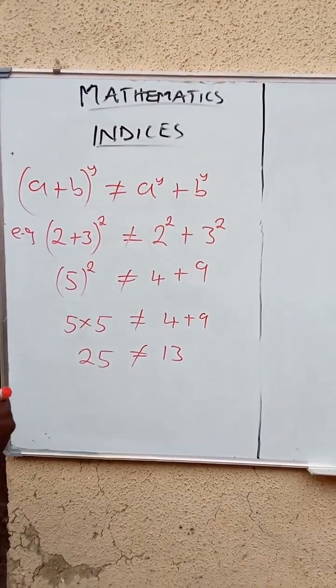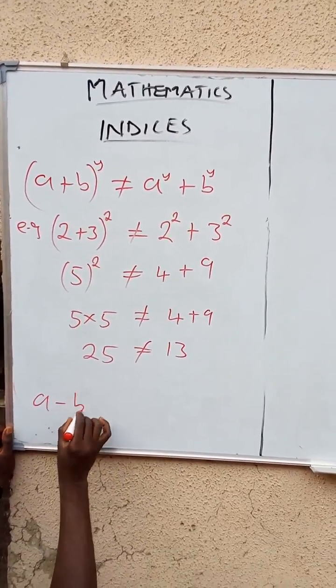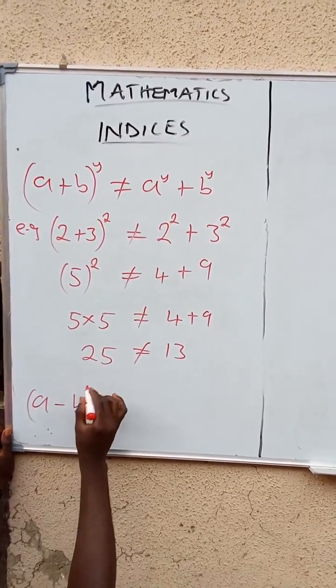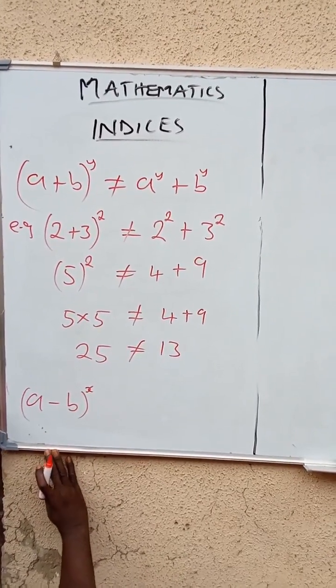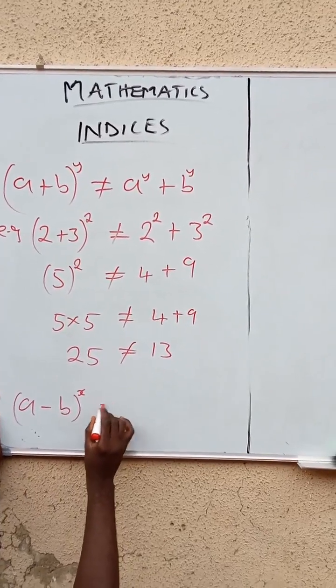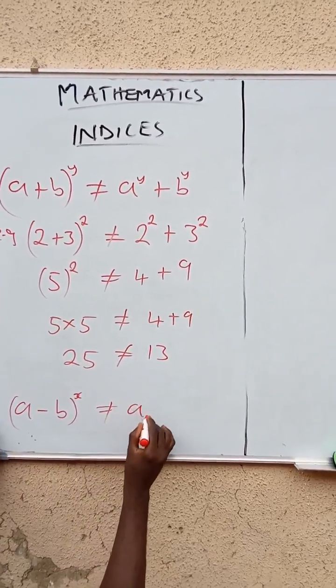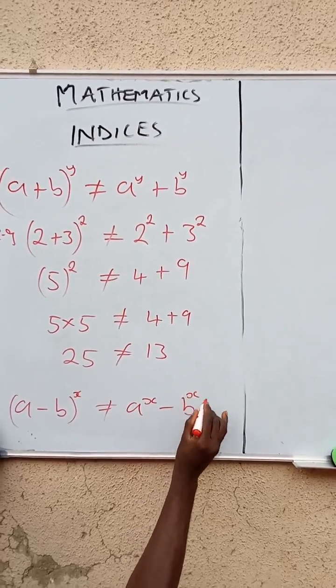In the same way, I said that a minus b all raised to the power of x is not equal to a raised to the power of x minus b raised to the power of x.